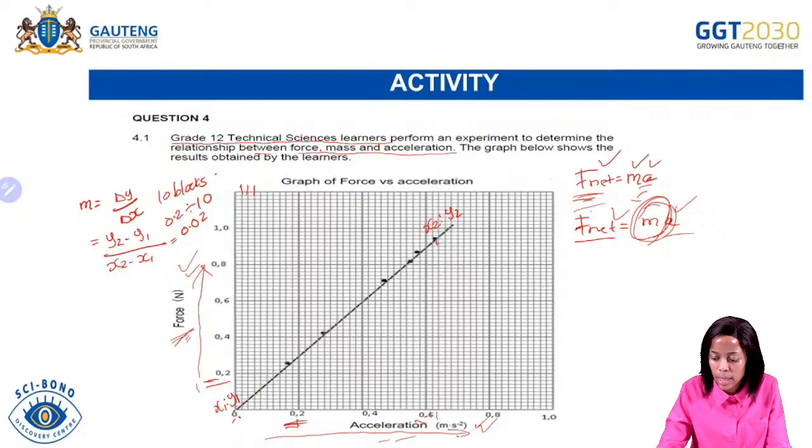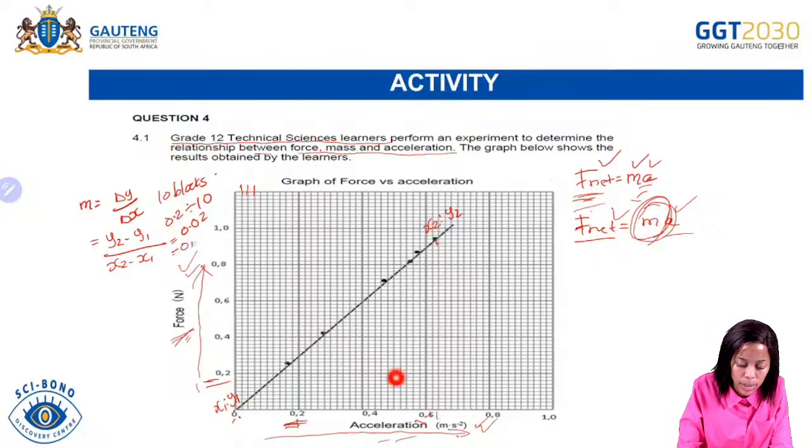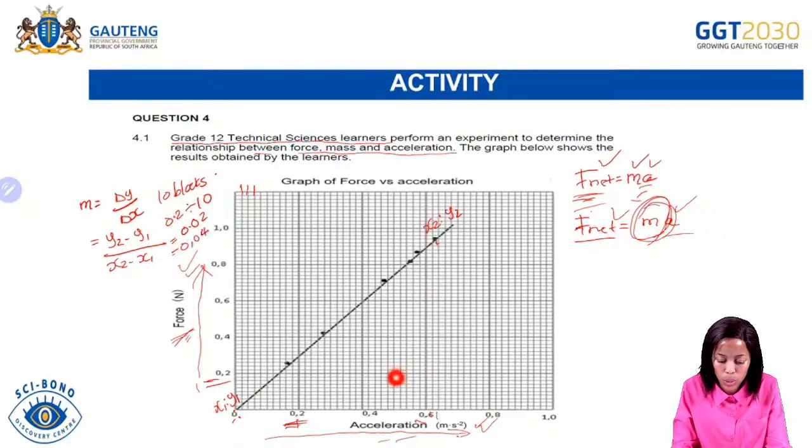You have 2 blocks, so you are going to say 0.02 multiplied by the 2 blocks. What does it give you? It gives you 0.04. Remember, you are still looking for the x-axis.